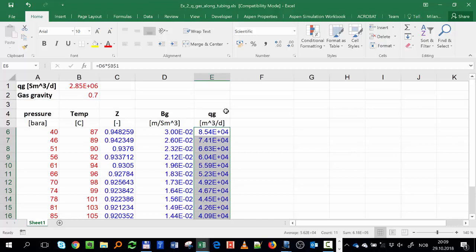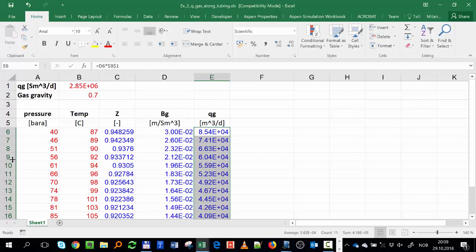So now let's calculate one more step, velocity. How do we calculate velocity? With something we don't have, the ID. Let's assume this well was 4.5 inch. So let's put here 4.5 inch and calculate the velocity at that position in the pipe, the gas velocity.